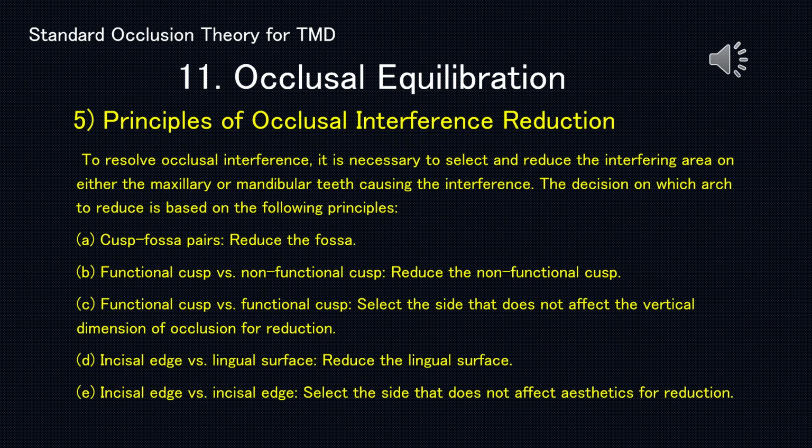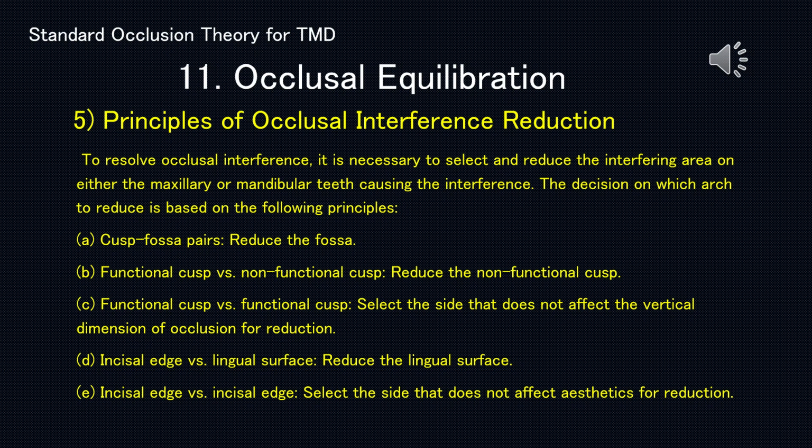5. Principles of occlusal interference reduction. To resolve occlusal interference, it is necessary to select and reduce the interfering area on either the maxillary or mandibular teeth causing the interference. The decision on which arch to reduce is based on the following principles. A. Cusp fossa pairs, reduce the fossa.